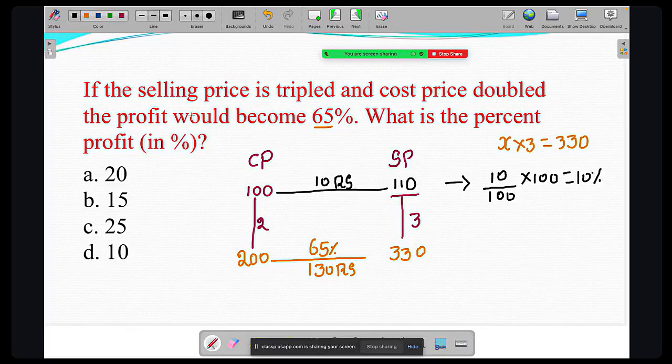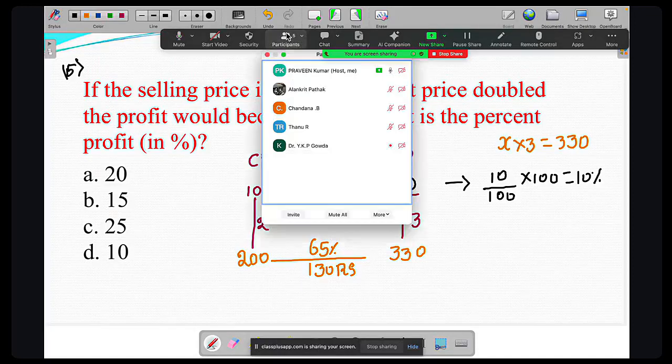Write this down. 15th question number, just you can write. Clear now, Tanu and Alankrut and Chandana? Yes, sir.